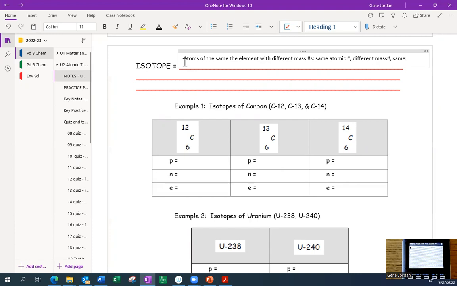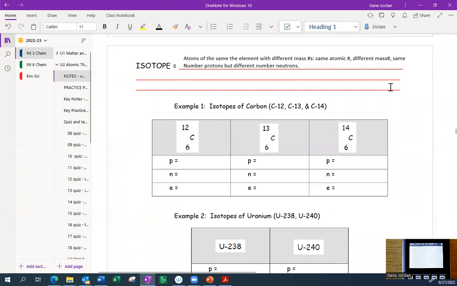So the same number of protons, but a different number of neutrons. And that's all there is to it. That is what an isotope is.